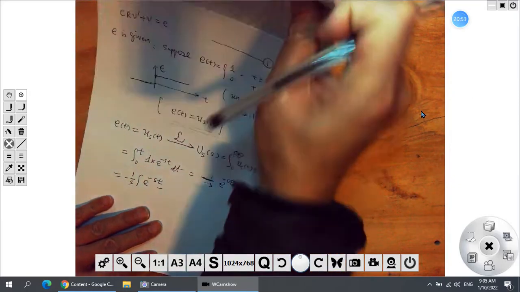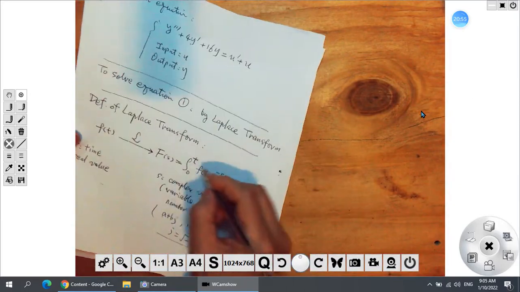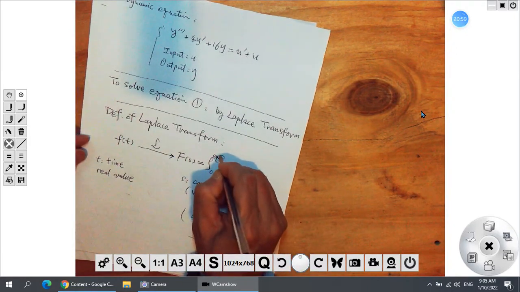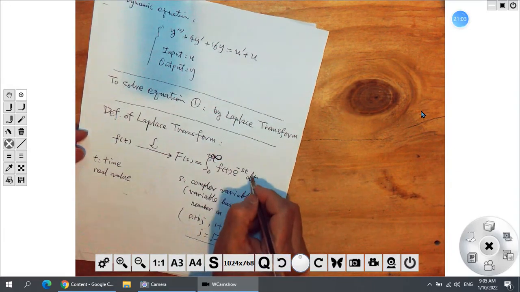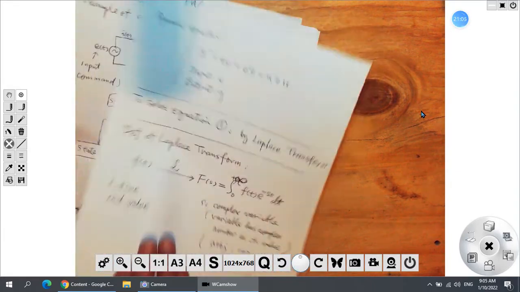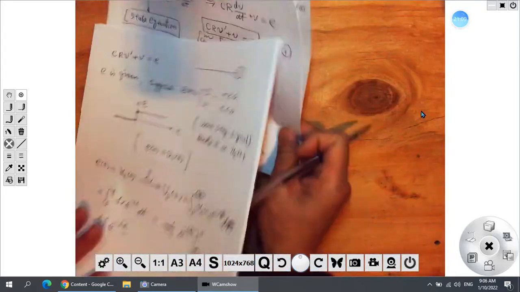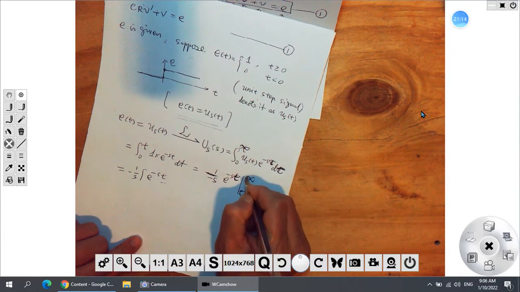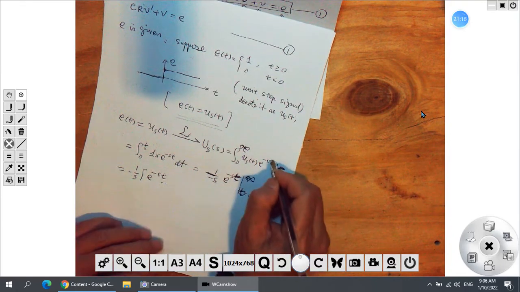Sorry, in the definition, the integral here has an infinite upper limit, positive infinity, not t. And here will be infinite. Now here it's still t. The t runs from 0 to infinity.